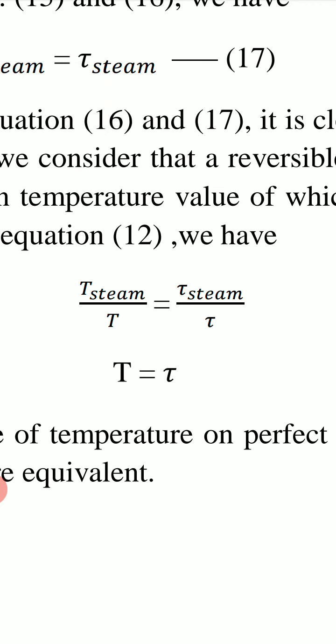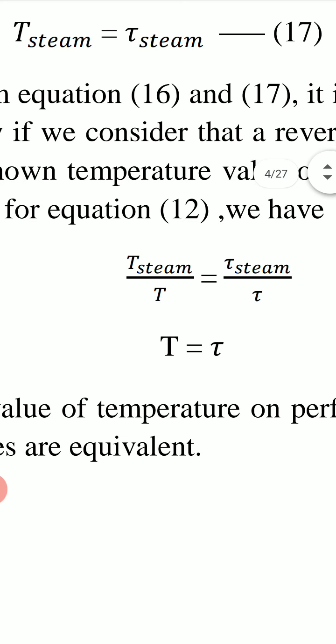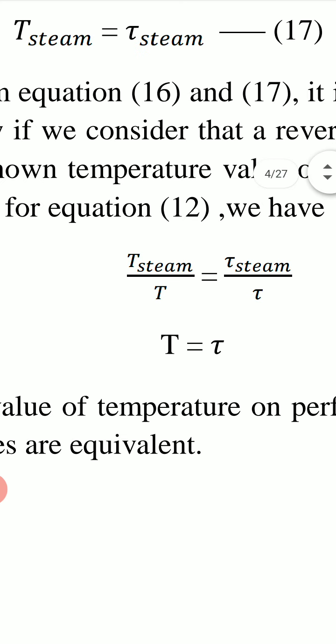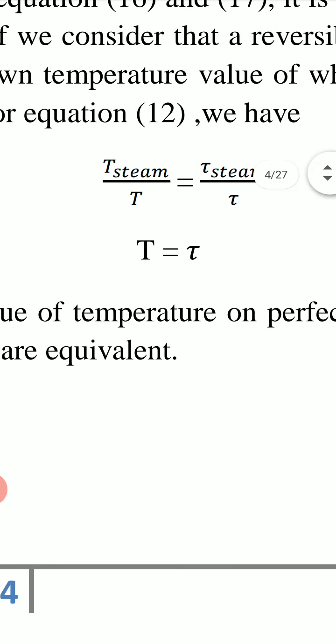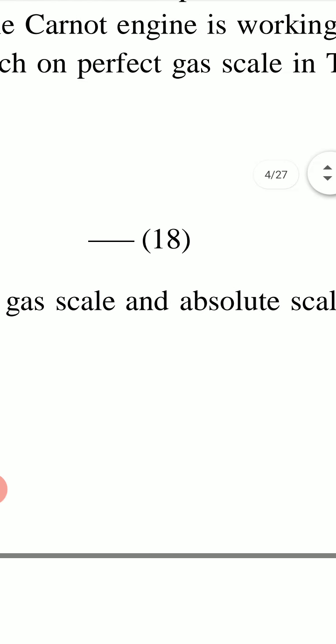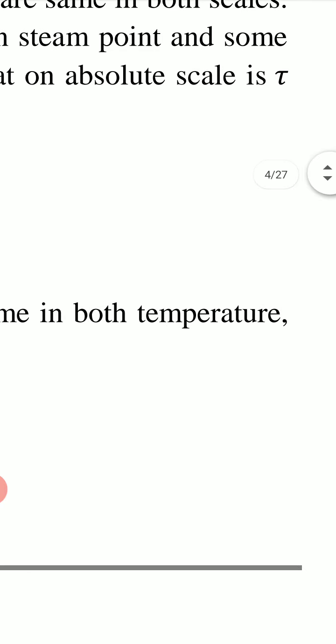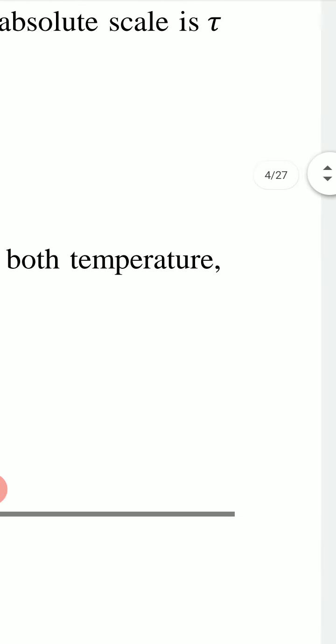So the value of any unknown temperature, in the perfect gas scale or in Kelvin's absolute scale, remains the same. So the value of temperature on the perfect gas scale and the absolute scale are the same.